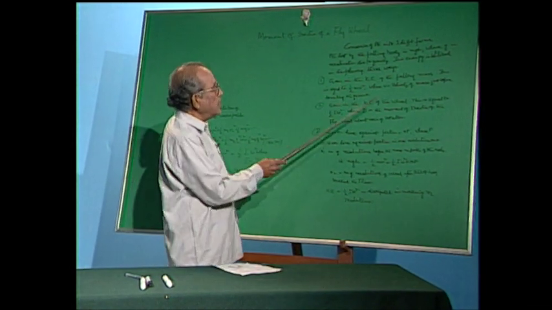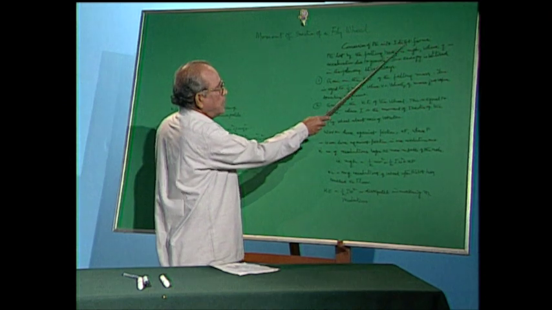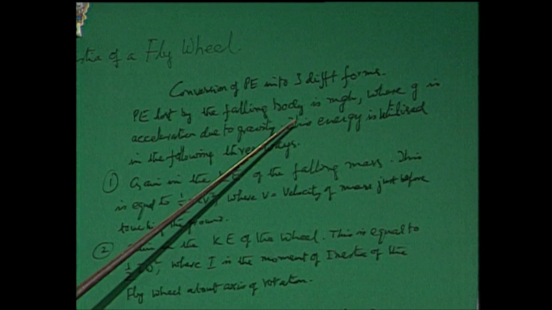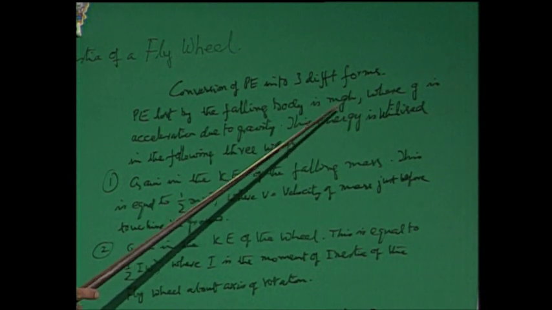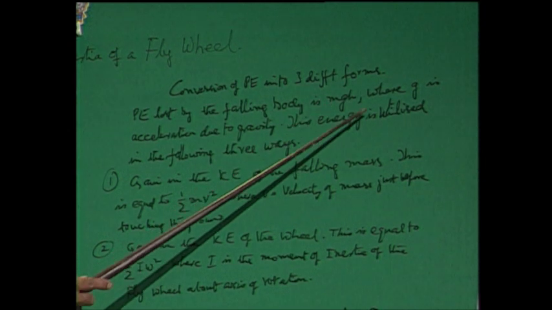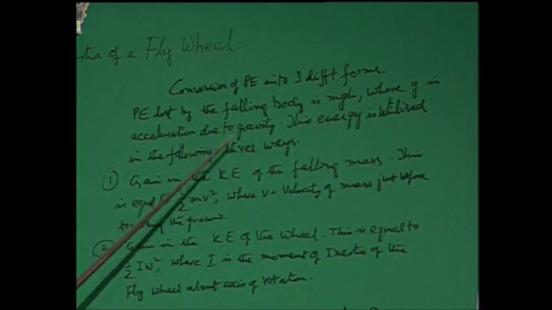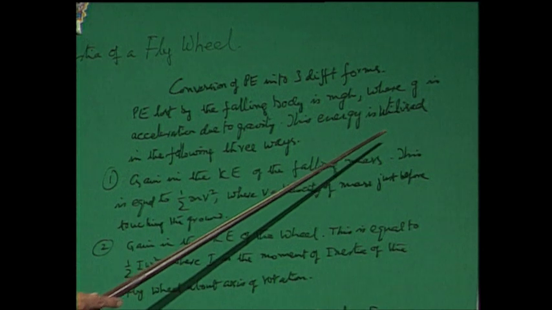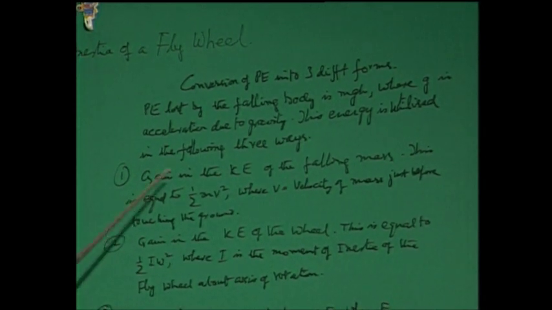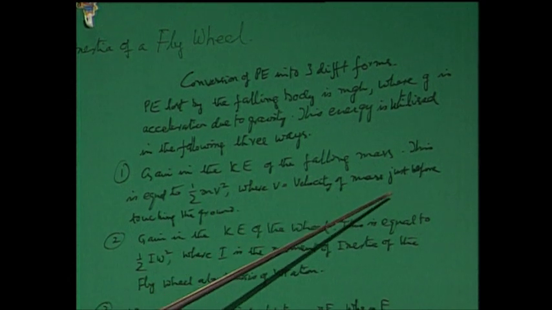If we consider the conversion of potential energy into different forms, the potential energy lost by the falling body is mgh, because by virtue of its height it is mgh, where g is acceleration due to gravity. This energy is utilized in the following three ways. 1. The gain in the kinetic energy of the falling mass.